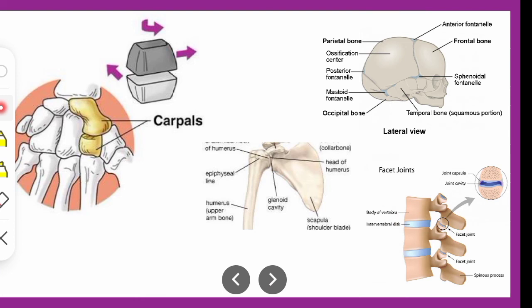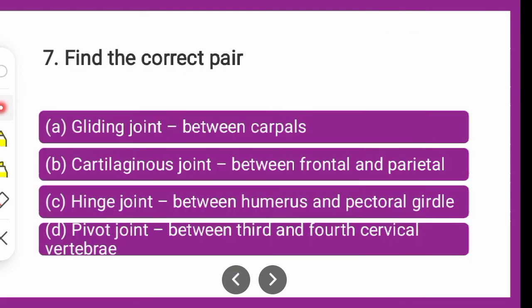Here you can see this is not a pivot joint, this is the facet joint, wherein in earlier question also we have seen that it is a zygapophyseal joint, also known as Z joint or apophyseal joint, which is a facet joint present between the third and the fourth vertebrae. So it is not a pivot joint.